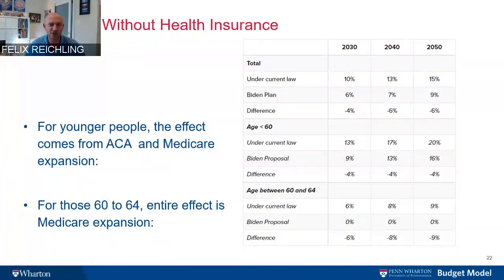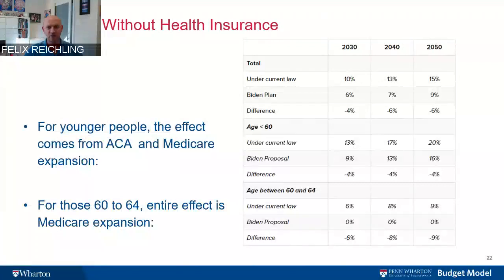So what this actually shows you is the population without health insurance. That's the flip side of that. So under the Biden plan, the number of people without health insurance would decrease from 10% under current law to 6% in 2030, a decrease of 4 percentage points.